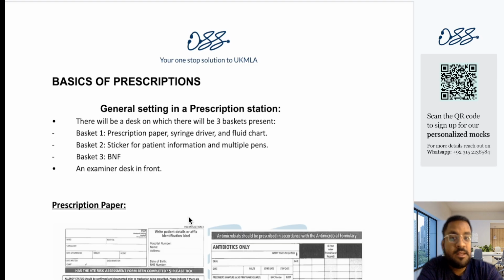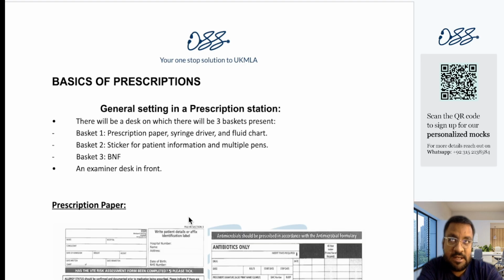Okay, number one. Number two, you need to make sure that you are not leaving any margin of error, because over here it's an all or none rule, and the margin of error is really low. If you end up making one mistake in the prescription station, then there is a very strong chance that you may just fail the station, and that is what I have seen.